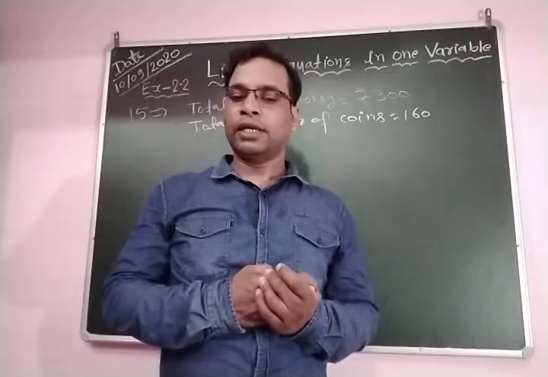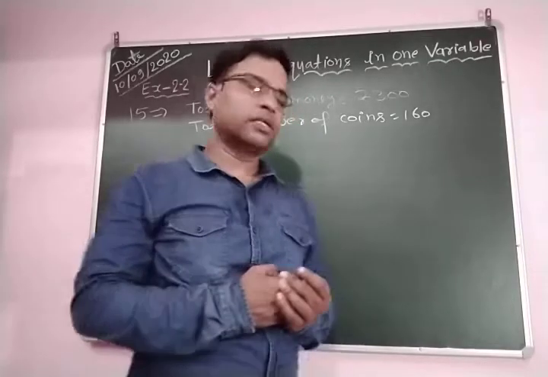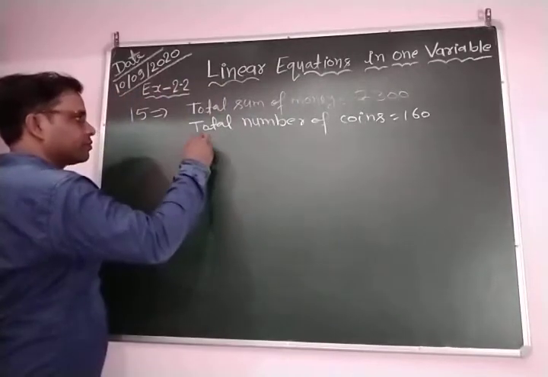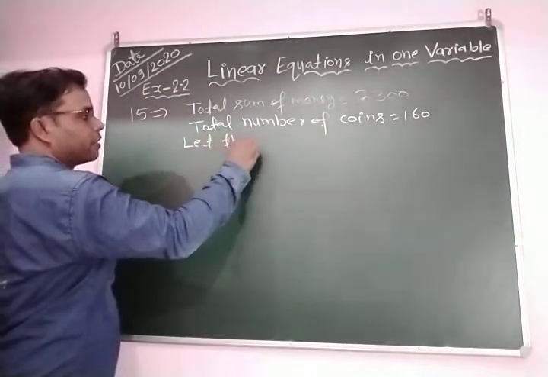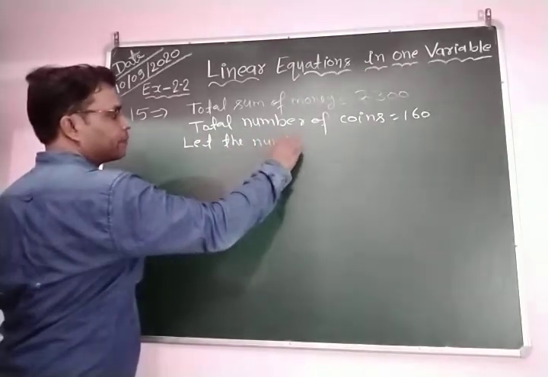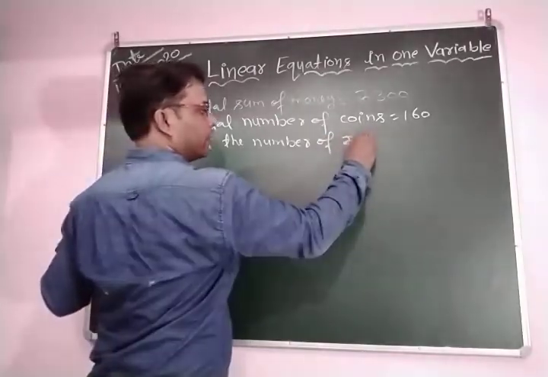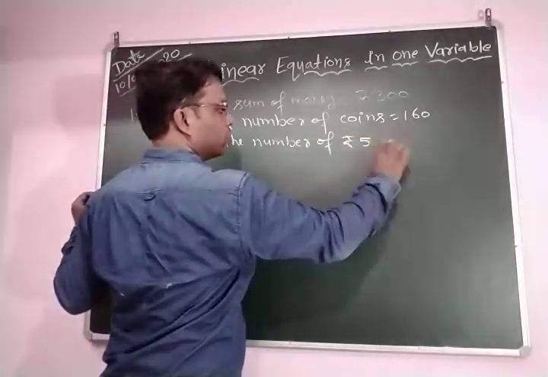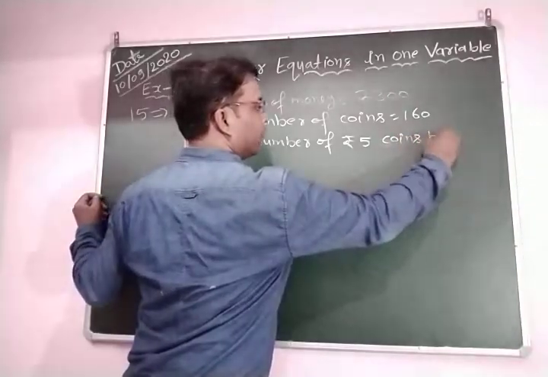So first you let the number of rupees 5 coins be x.